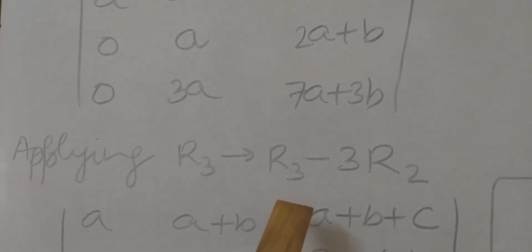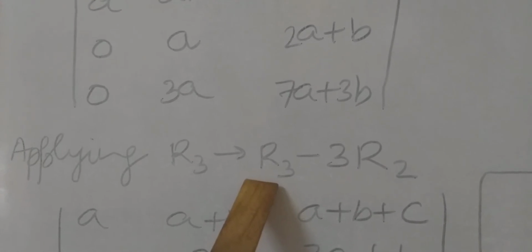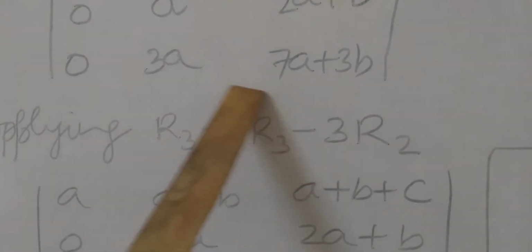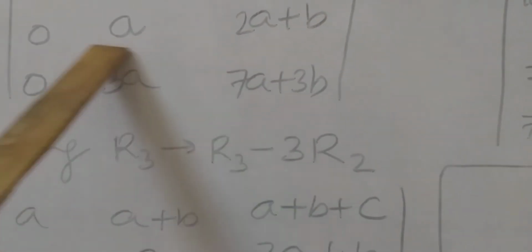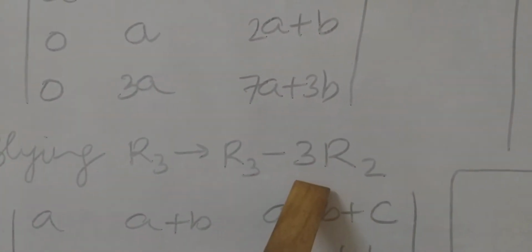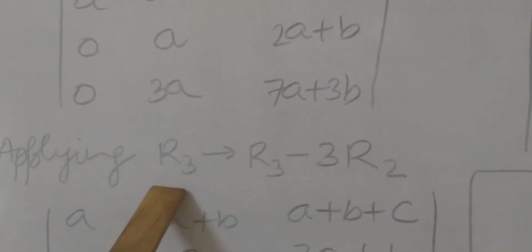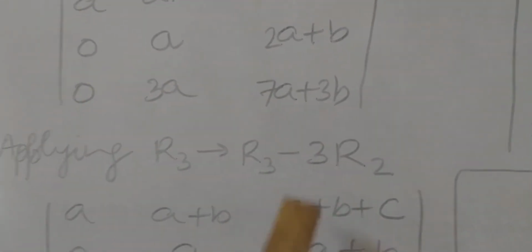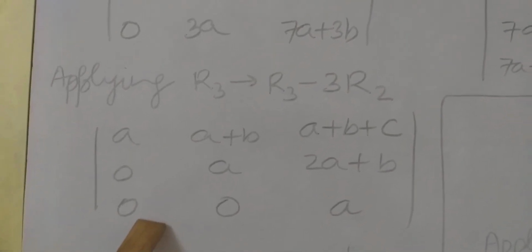From R3, I am going to subtract thrice of R2. Okay, students, the row which we want to change will be reflected as it is, and minus any other row or column multiplied by a scalar to get 0. So R3 tends to R3 minus thrice of R2. 0 minus 0 equals 0.